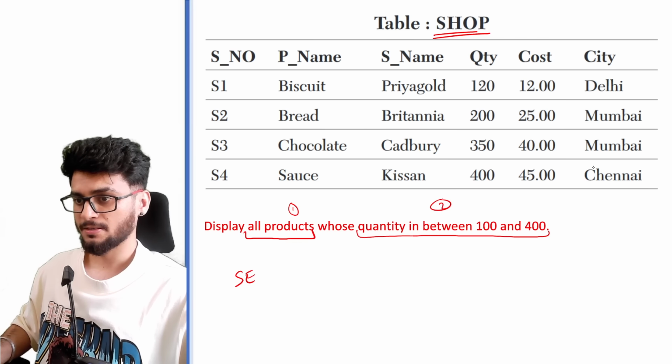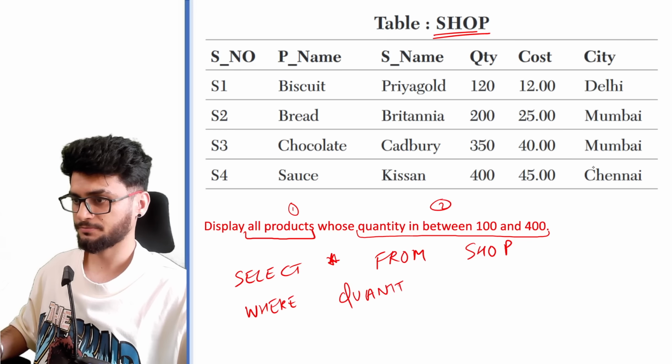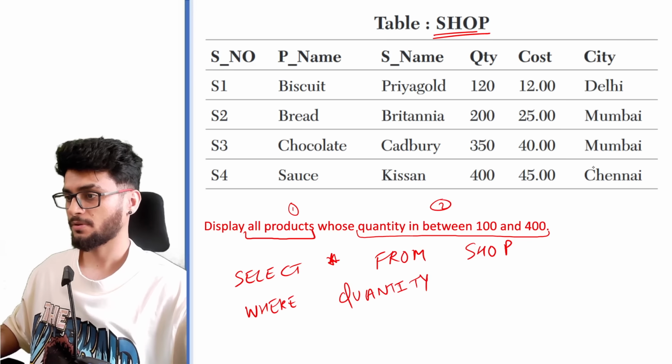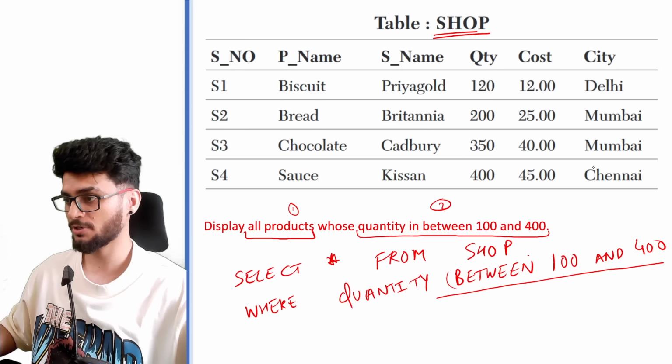Select star from shop where quantity between 100 and 400. So this is the concept of between. जब दो values के बीच में आपको कोई value चाहिए होती है, we use the between keyword.